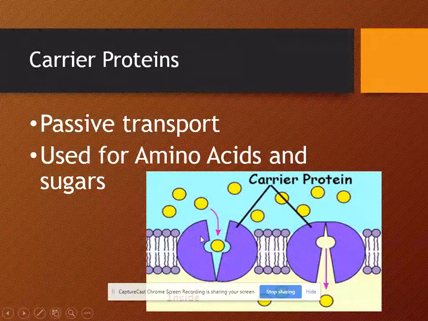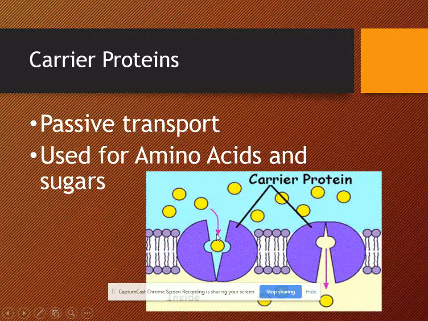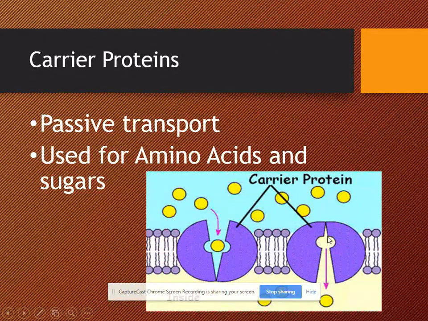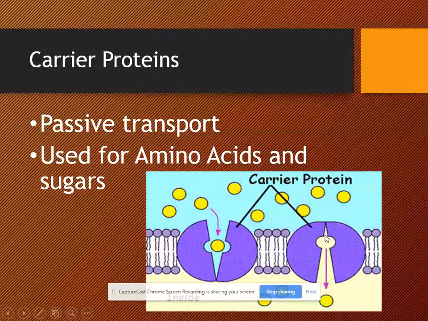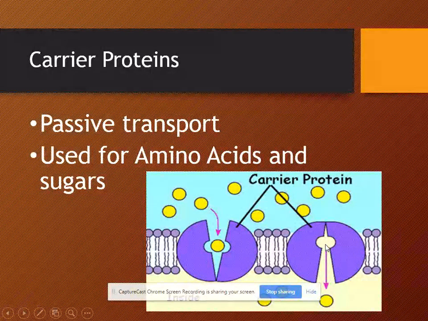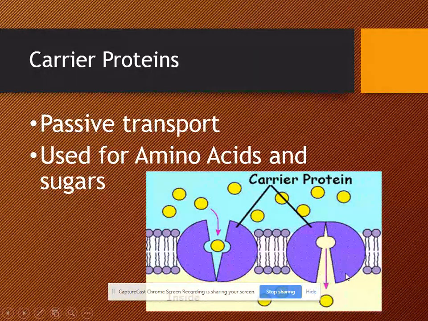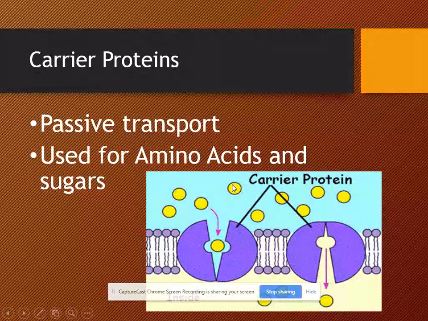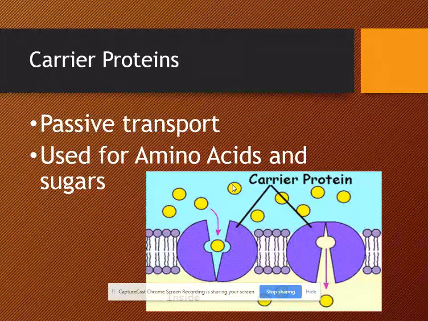So one of these molecules will hit the carrier protein, and it causes a change in the shape of the carrier protein. That shape then creates an opening to the inside of the cell, whereas beforehand it had an opening to the outside of the cell. And so these carrier proteins will help move amino acids or sugars into the cell.